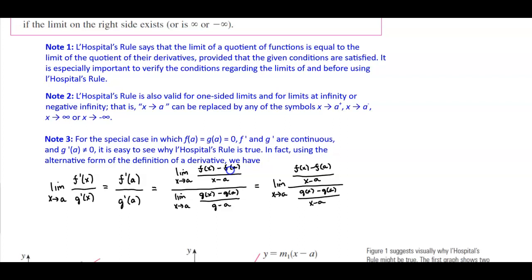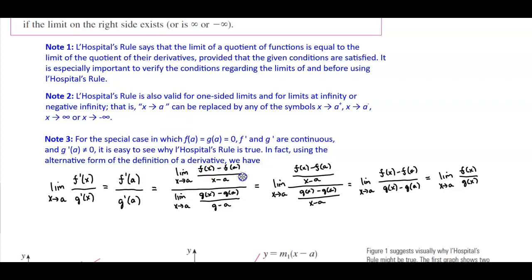And so what happens is now the x minus a's are simplified. So now we have the limit as x approaches a of f of x minus f of a divided by g of x minus g of a, which then actually equals the limit as x approaches a of f of x divided by g of x.